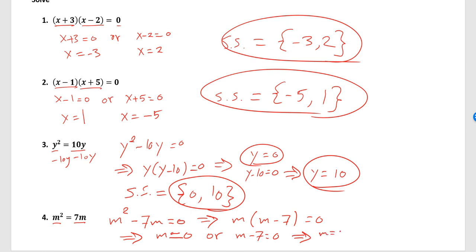So m equals 0 or m equals 7. So my solution set is equal to 0 and 7.